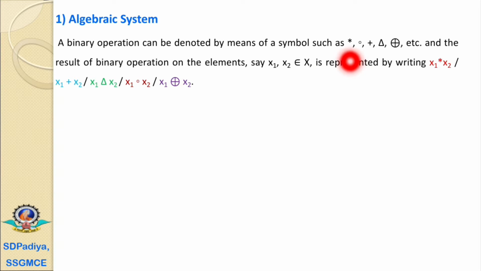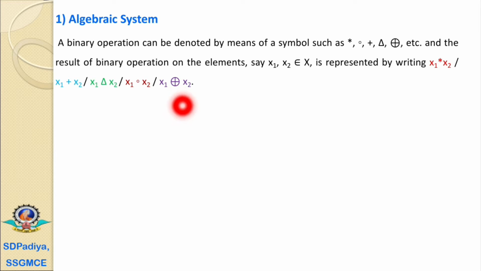Like that, in an algebraic system the operations can be defined by symbols such as the asterisk sign, the composition symbol, the plus, the triangle symbol, the XOR symbol, etc. And the result of a binary operation on the elements x1, x2 belonging to the set X is represented by writing x1 star x2, or x1 plus x2, x1 triangle x2, x1 composition x2 and x1 XOR x2.